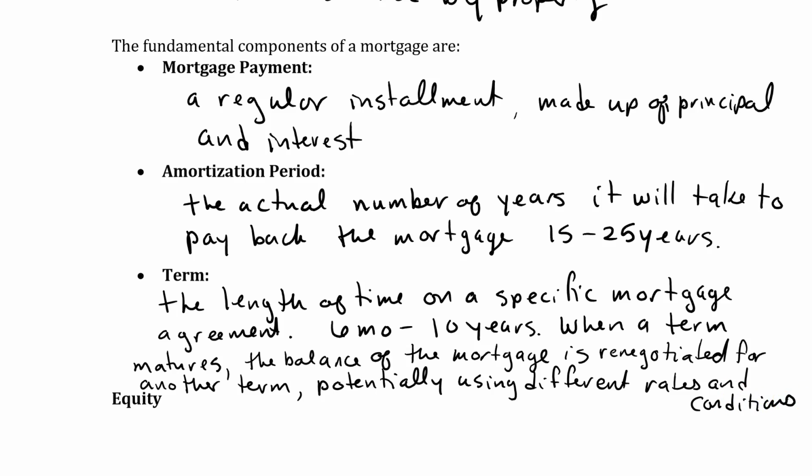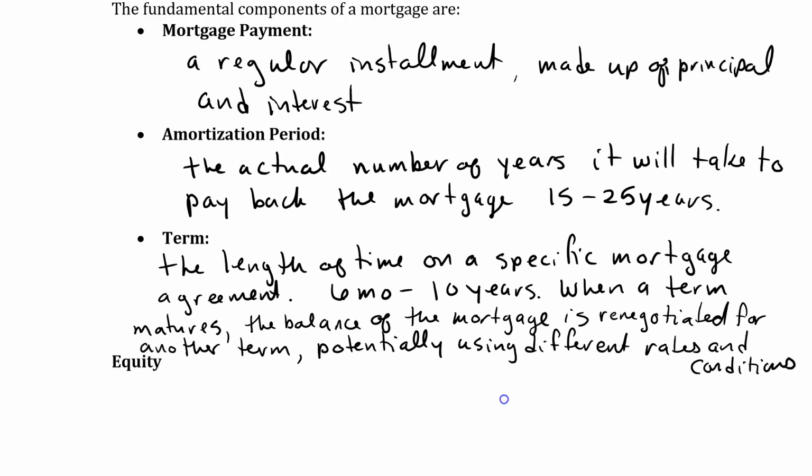So different conditions could mean the payment, the amount that you're paying back, or how frequently you're making those payments. As we learned yesterday, we know that smaller payments more frequently can help us spend less in interest.